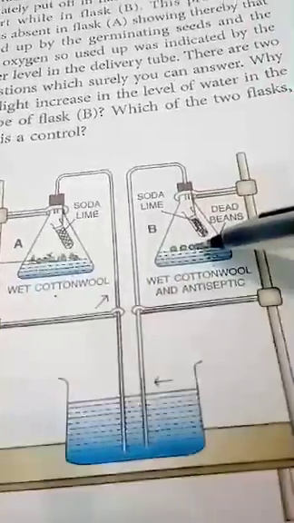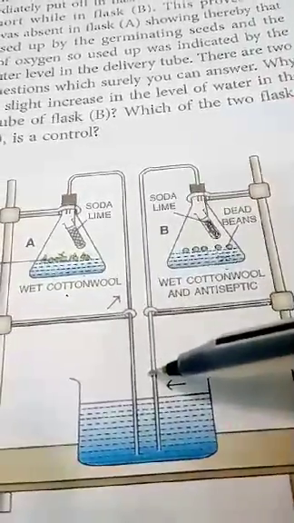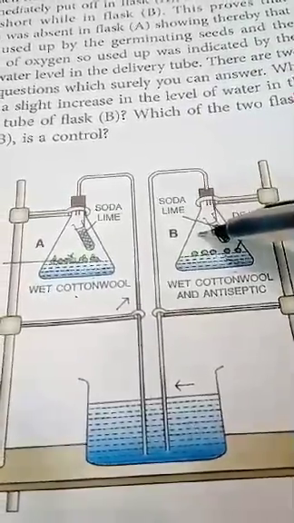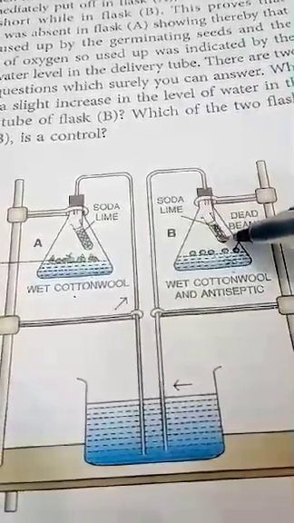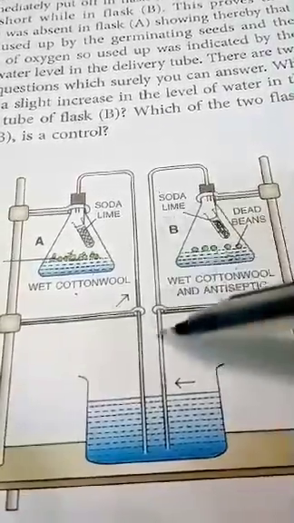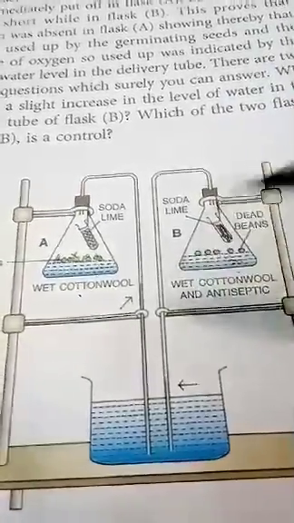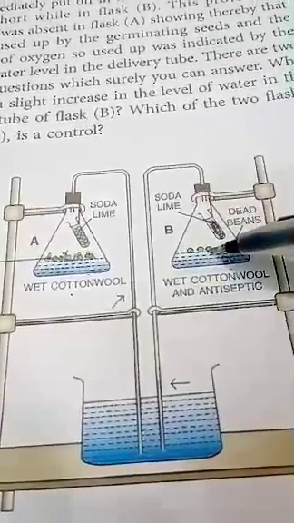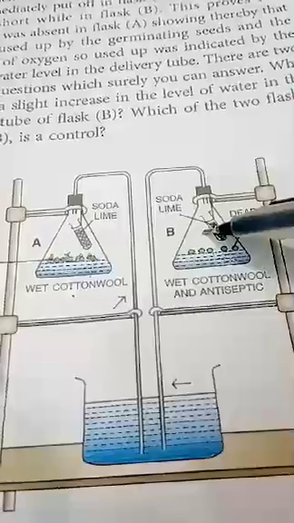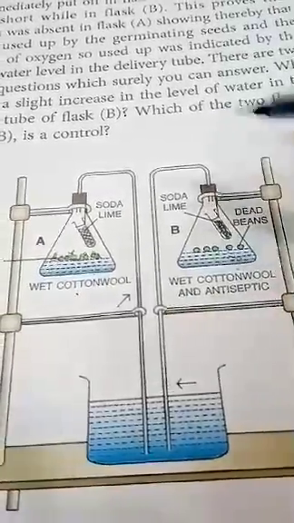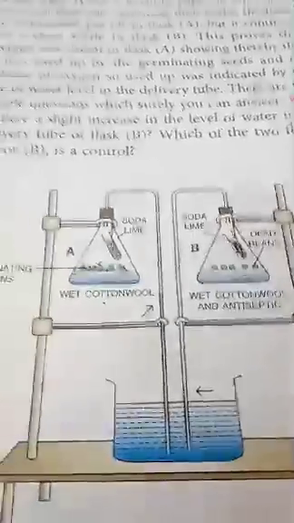But in the other case, initially the water rises because the carbon dioxide which was present in the flask is absorbed by soda lime. So to fill that gap, the water rises because a vacuum is created. But after that, since no respiration takes place, no carbon dioxide is produced, no more vacuum is created. As a result, there is no further rising of water. Clear? Then move to next.